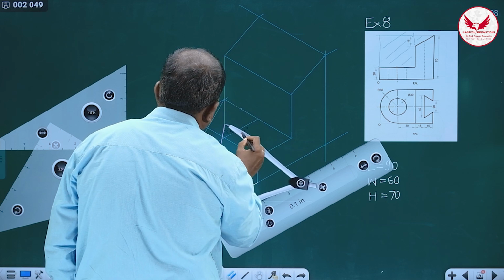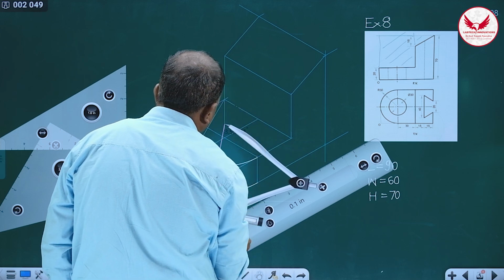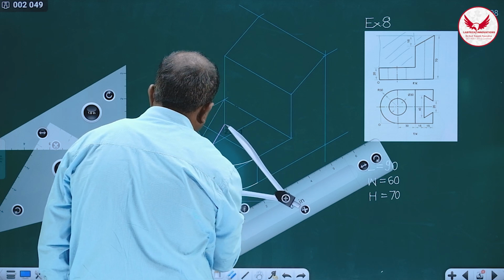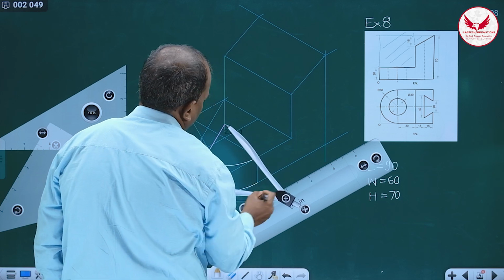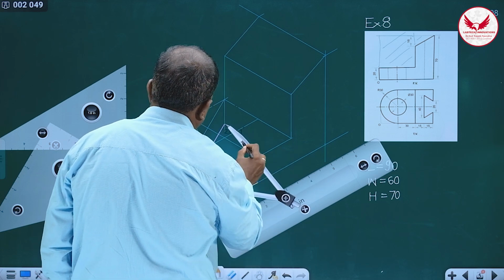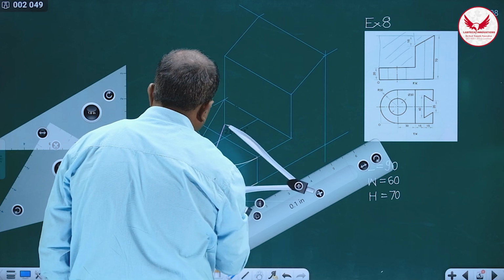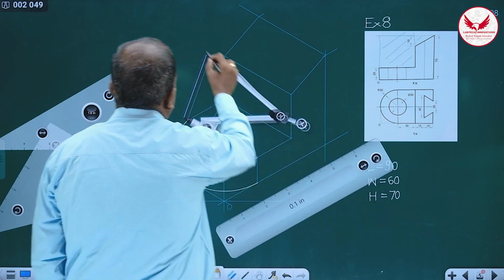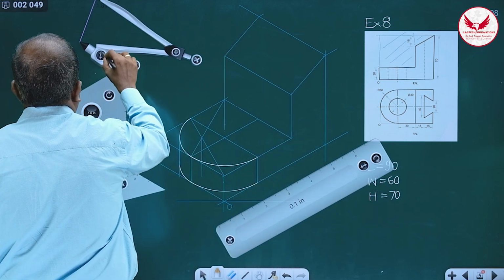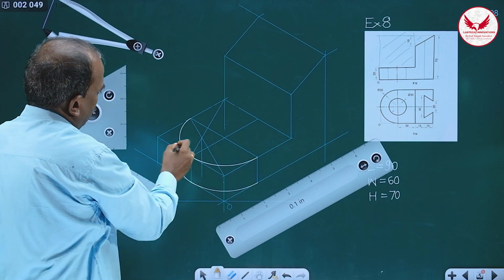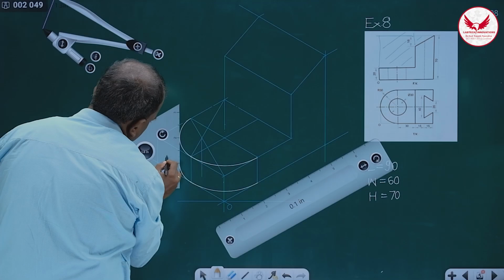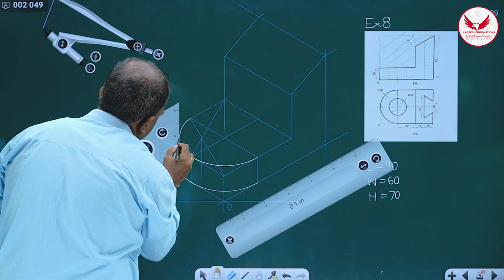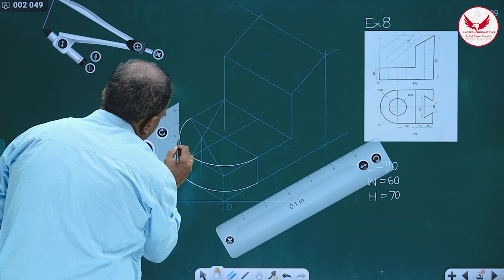Actually its center is shifted by 20 mm in the downward direction, and the radius of this portion is this much. So like this, you have to shift this semi-cylindrical portion. We mark that quarter circular up to the tangent. So actually this is tangential to both these curves.